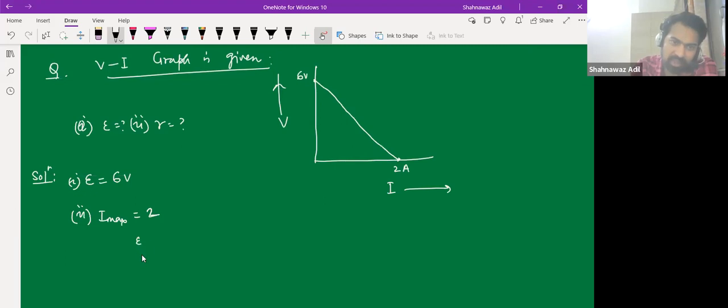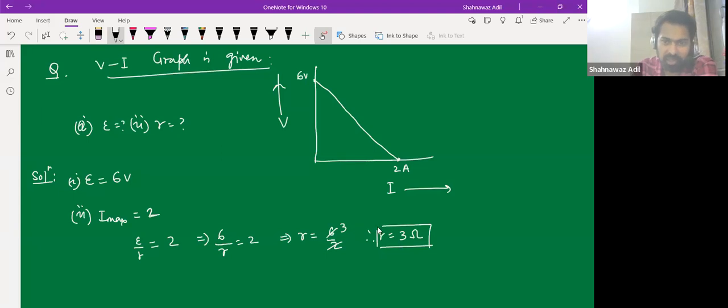I max is E by R. So this is 2, and we know that this is 6 by R. So R would be 6 by 2, which is 3 ohm. You are absolutely correct, but the sign would be positive. So is this clear, Tarif? Yes, sir, clear. Please quickly note it down, and then we have 3 minutes more.